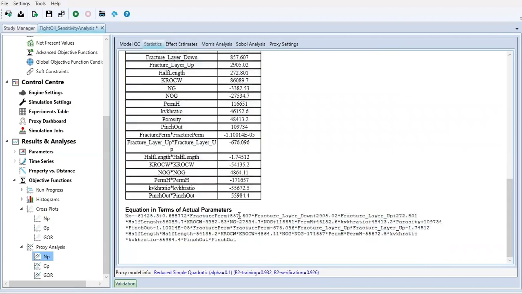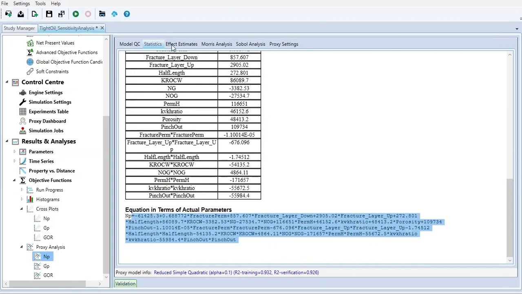So if I know the fracture permeability, the layer down, layer up, the KVKH, the half length, I can predict instantly the cumulative oil production without needing to run the simulation. It's great, right?